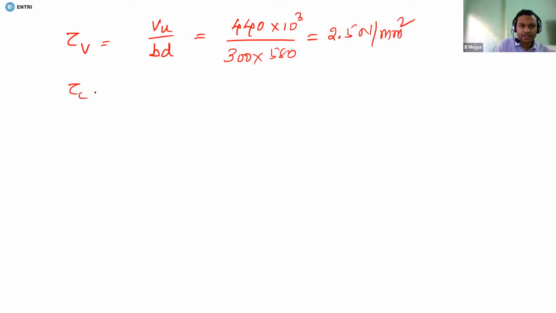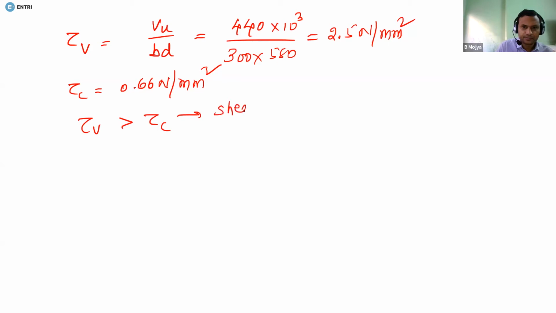And tau c is given as 0.66 Newton per millimeter square. So the condition we are getting here is that tau v is greater than tau c. In this case, shear reinforcement must be provided.